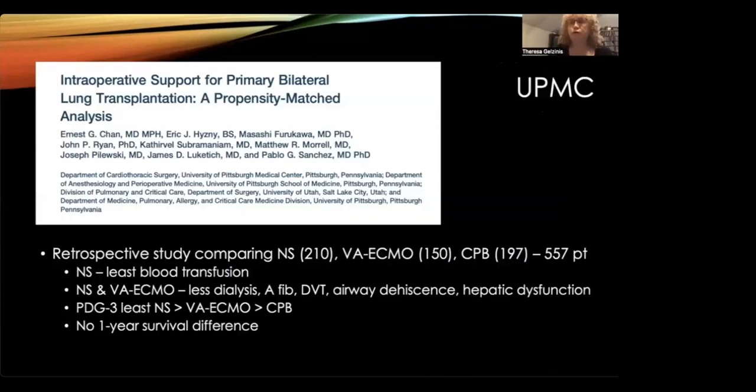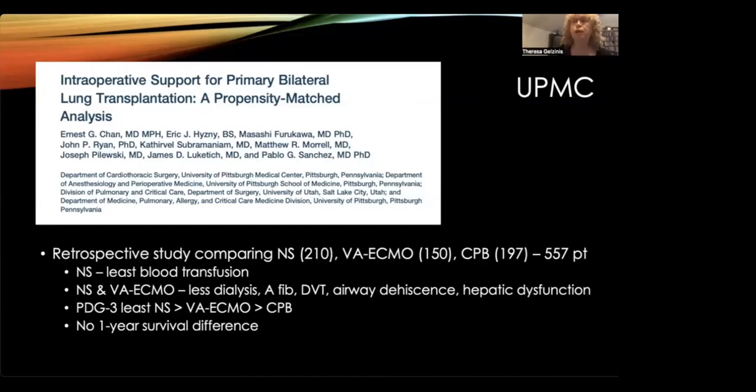These findings were confirmed in a retrospective study by my institution comparing no support, VA ECMO, and bypass in 557 patients. They reported that the patients with no support had the least transfusion requirement. Those with no support and VA ECMO had less need for dialysis and reduction in atrial fibrillation, DVT, airway dehiscence, and hepatic dysfunction.